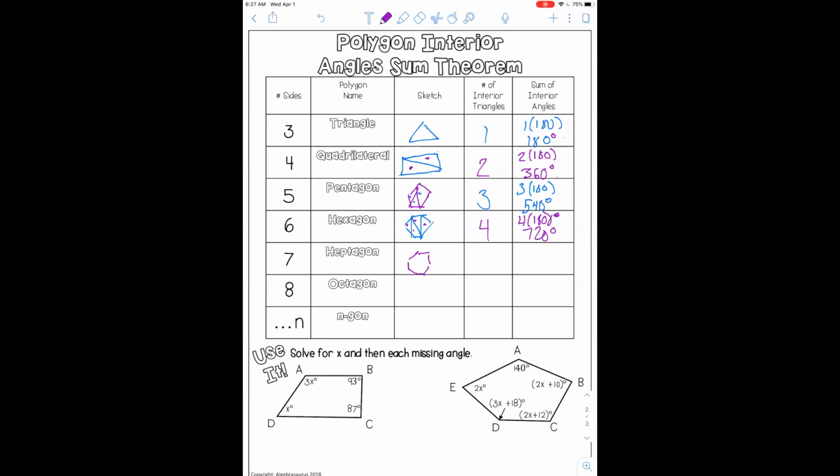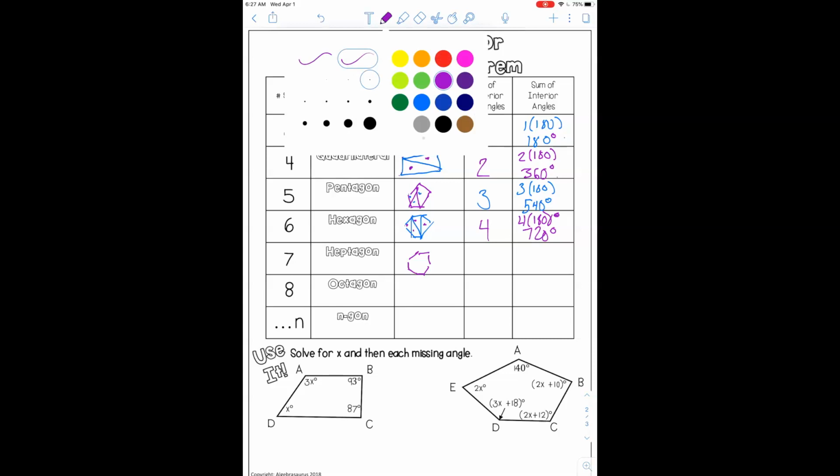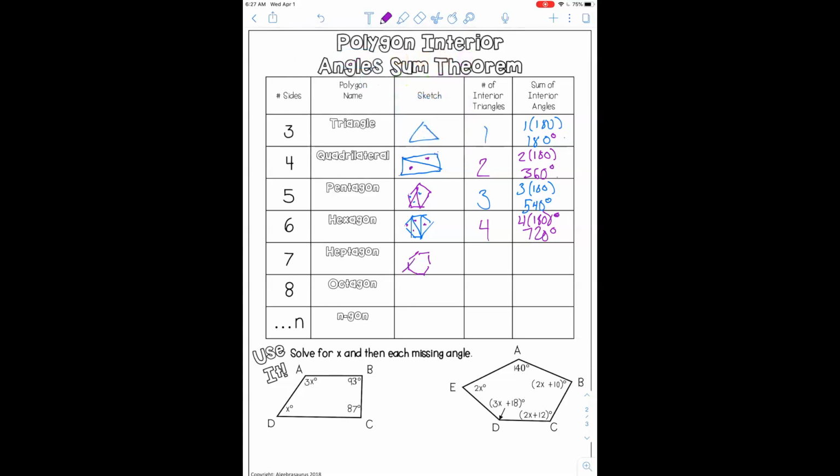And we connect our lines. 1, 2, 3, 4, 5 triangles inside of a heptagon. So we take 5 times 180 degrees to get 900 degrees.